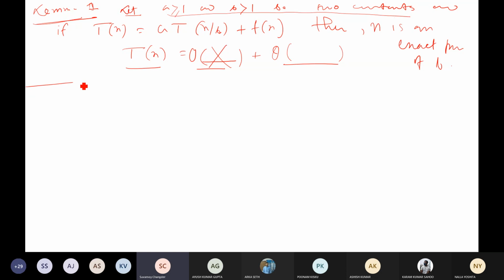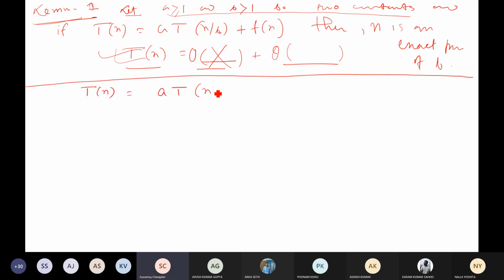I will write this later, because if I write this now, it will be difficult to prove. So first let us go for iterating the term. After that we will see how we can bound this T(n), and also we can write the lemma at that time. Not now. So let it be given that T(n) equals aT(n/b) + f(n).